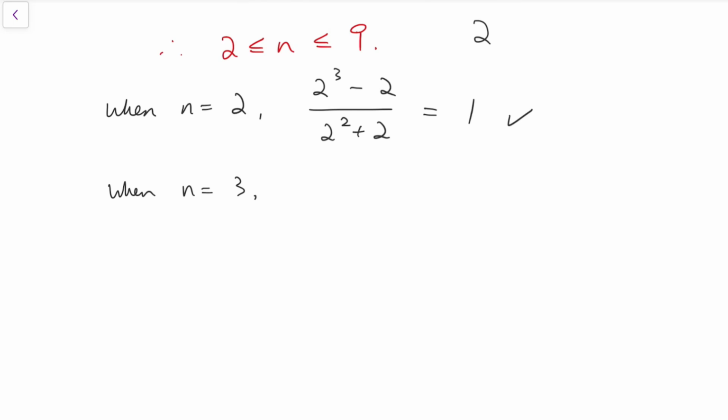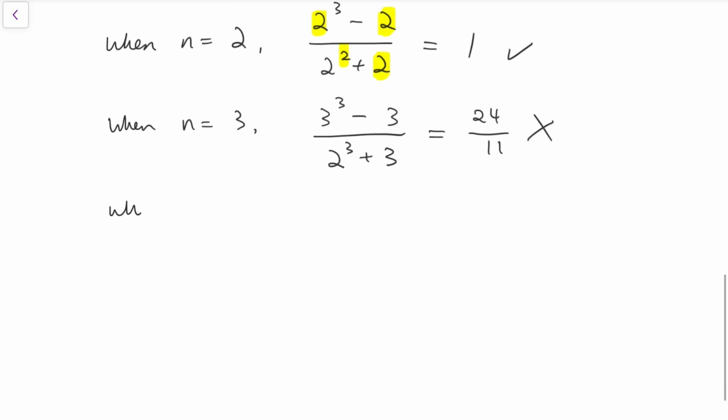When n equals 3, that will be 3 cubed minus 3, all divided by 2 cubed plus 3, and that's 24 over 11, not valid.